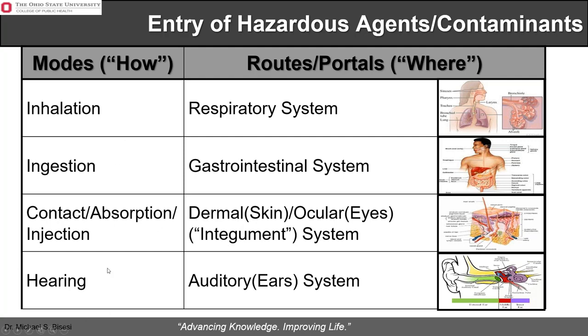And I've added a fourth mode, hearing, because vulnerability to noise-induced hearing loss, but even vulnerability to the psychophysiological impacts of sound begin with the auditory system. So hearing is the mode of exposure to sound, and unwanted sound is noise, and then the initial route or system involved is the auditory system, not exclusively, but primarily.